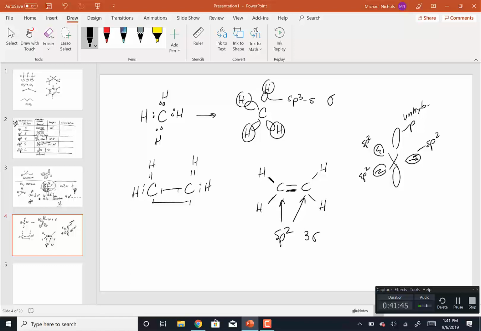What's different from atom to atom is how many electrons I have to put in those orbitals. Again, I need rules. My rules are that p orbitals get 1. They do not get 2, they get 1. And hybrid orbitals can have either 1 or 2, depending on the element. The restatement of that is lone pairs only go in hybrid orbitals.